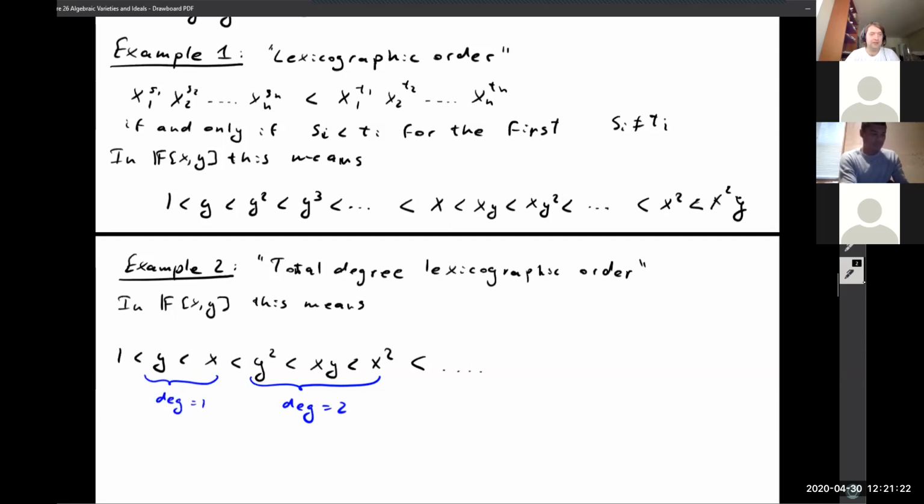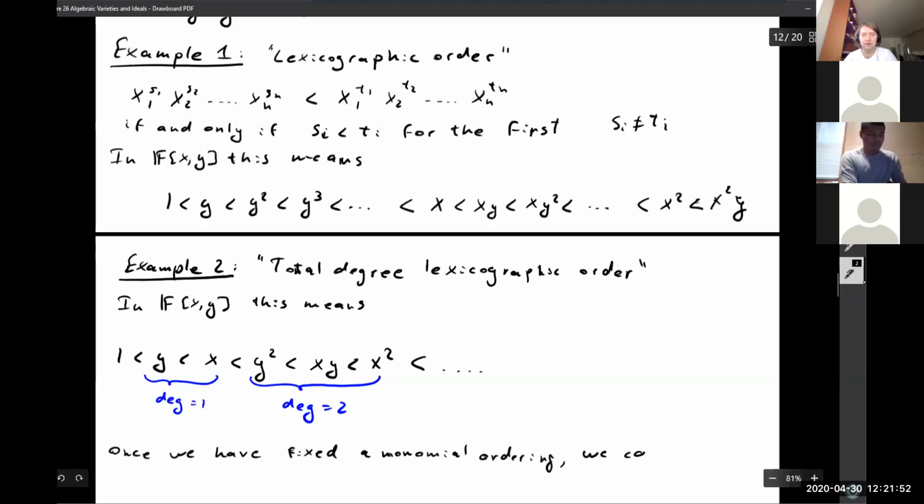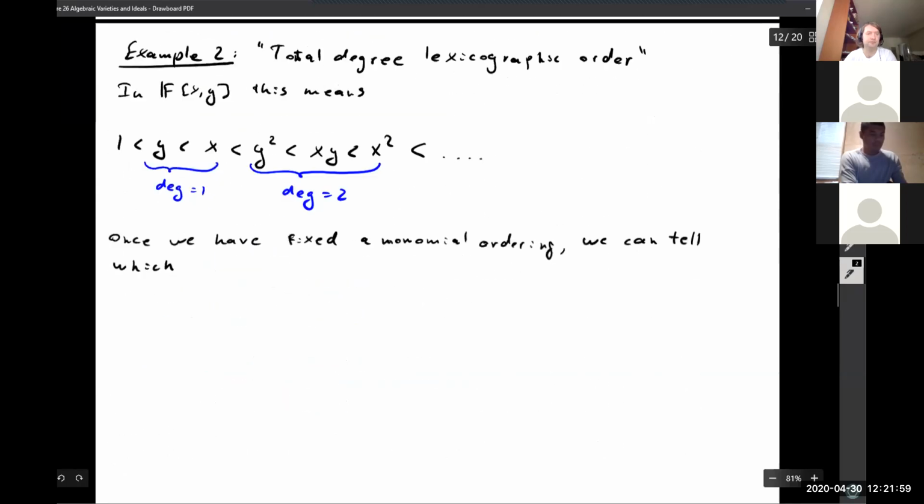So once we have fixed a monomial ordering, we can tell which term is leading in a multivariable polynomial.